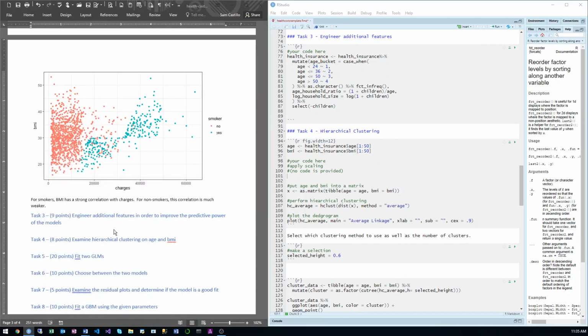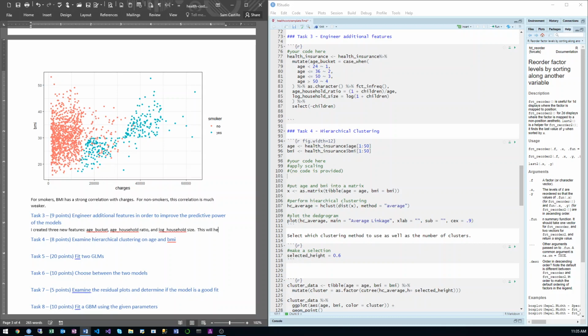Well, before even doing anything, I'll just start by writing down what I know. First, let's fill in here. I created 3 new features: age bucket, age household ratio, and log household size.